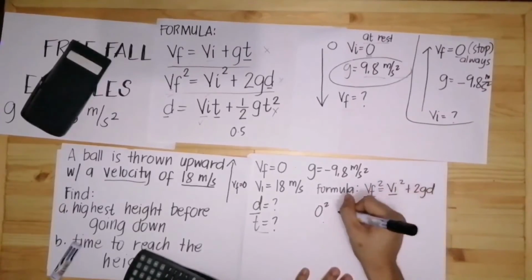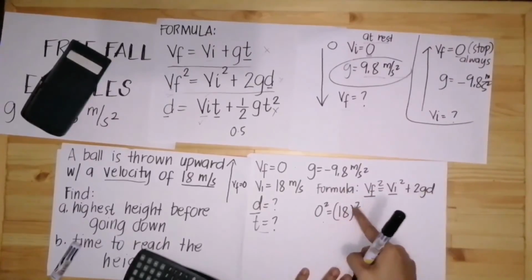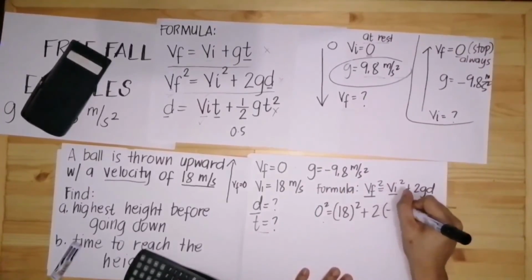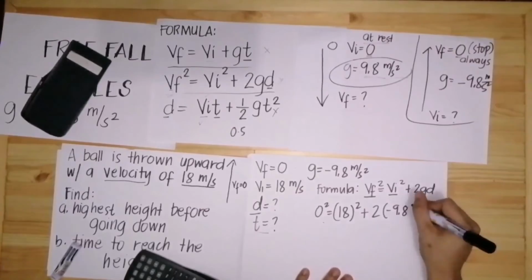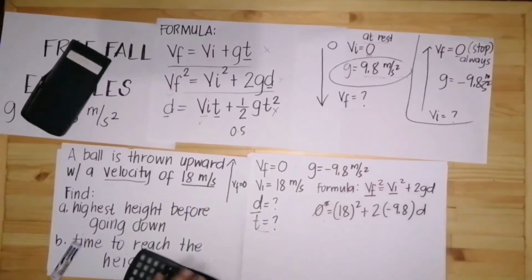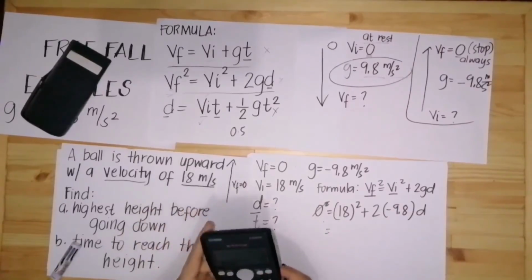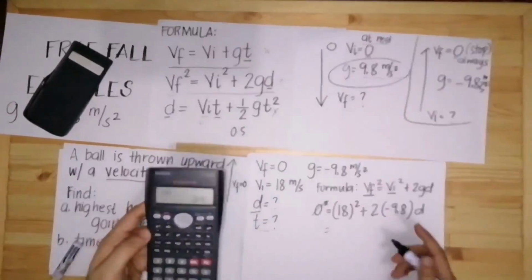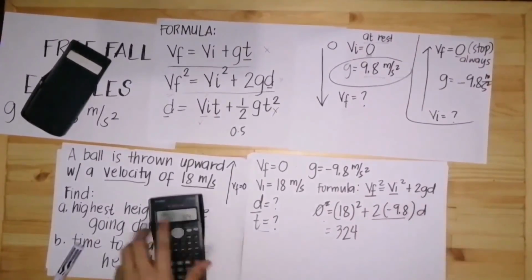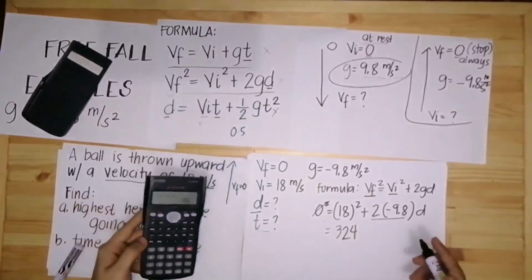Next, Vi is 18, so 18 squared, plus 2 times g, which is negative 9.8, times the distance or height. Now, 0 squared is just 0. Next, compute 18 squared, which on the calculator is 324. Then multiply 2 times negative 9.8, which is equal to negative 19.6.